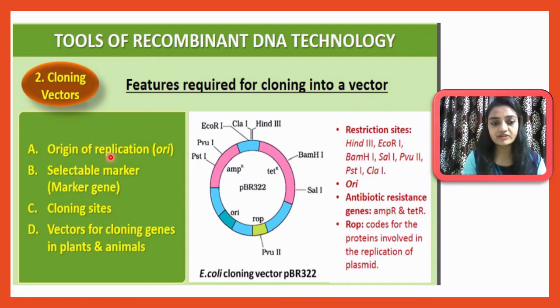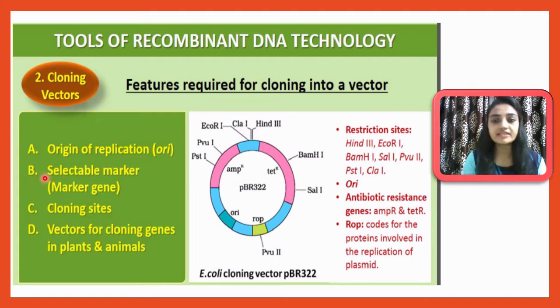Otherwise, you are performing genetic engineering, but you cannot successfully transfer the DNA. So which are the main features that must be there in the cloning vector? The cloning vector must have an origin of replication. Whenever you are selecting a cloning vector, it must possess the origin of replication. This plays a very important role. We will discuss it in detail in the next slides.